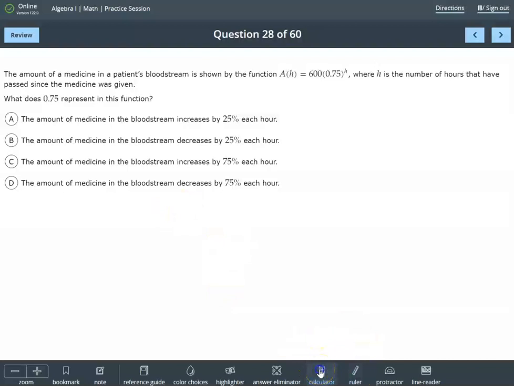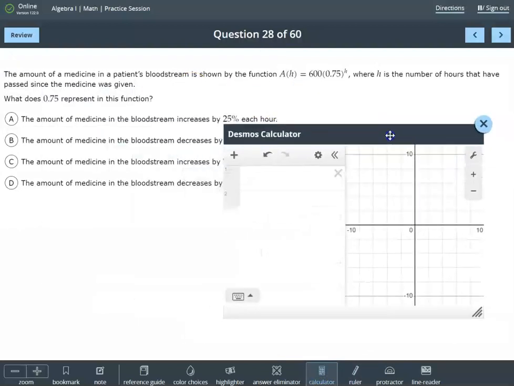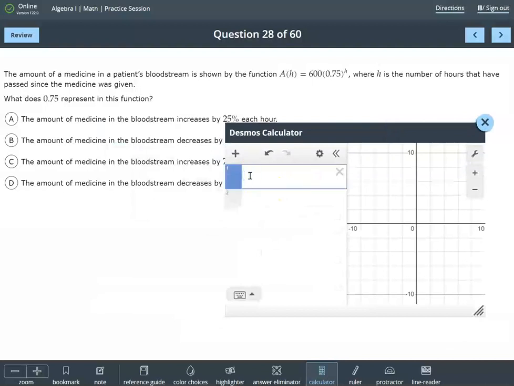Click on the calculator, type in your function, so a of h, and you can capitalize it or not, but you have to stay consistent. So I'm not going to capitalize it. I'm just going to do lowercase, but I have to consistently do lowercase. You can't switch back and forth in Desmos.